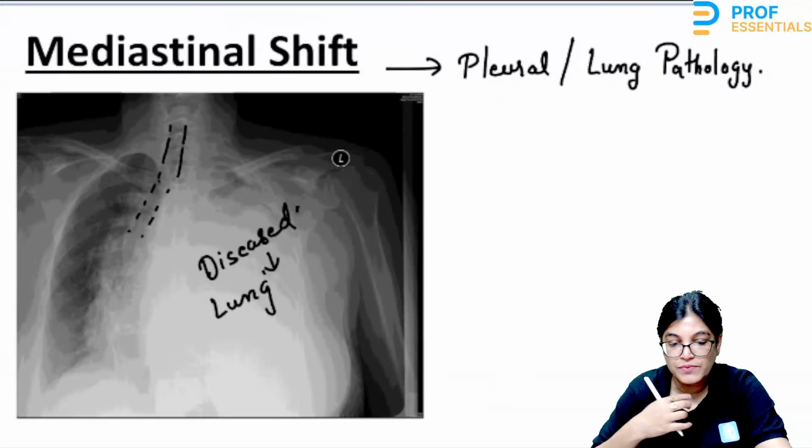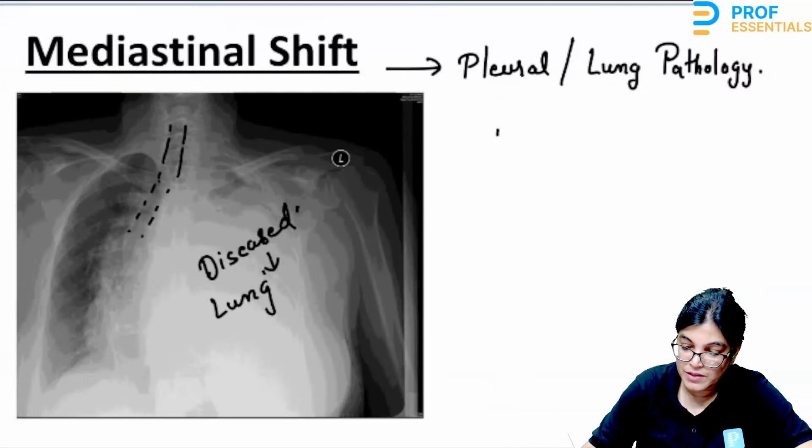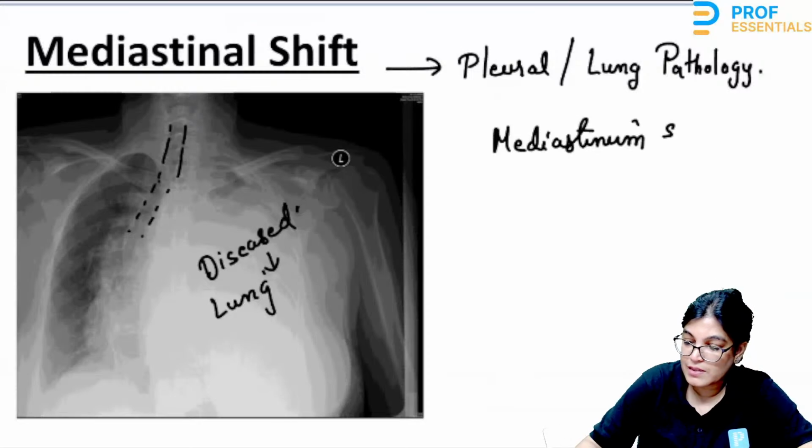So the mediastinum shifts to the healthy side when the intrapleural pressure is affected on the disease side.